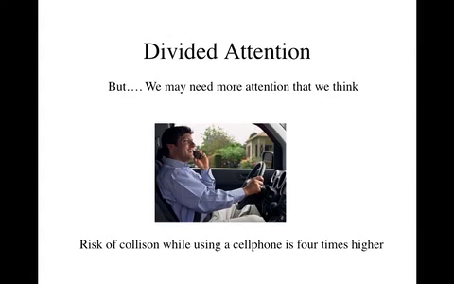So divided attention is possible, as multiple object tracking seems to suggest, but we're much worse at it than we think. The simple fact is that when you're allocating resources towards one type of cognition, that's going to leave fewer processing resources for a different kind of cognition. So if you're talking on the cell phone, that does require some processing resources. That is going to detract from your ability to do something else, like driving a car, and the risk of collision is much higher.